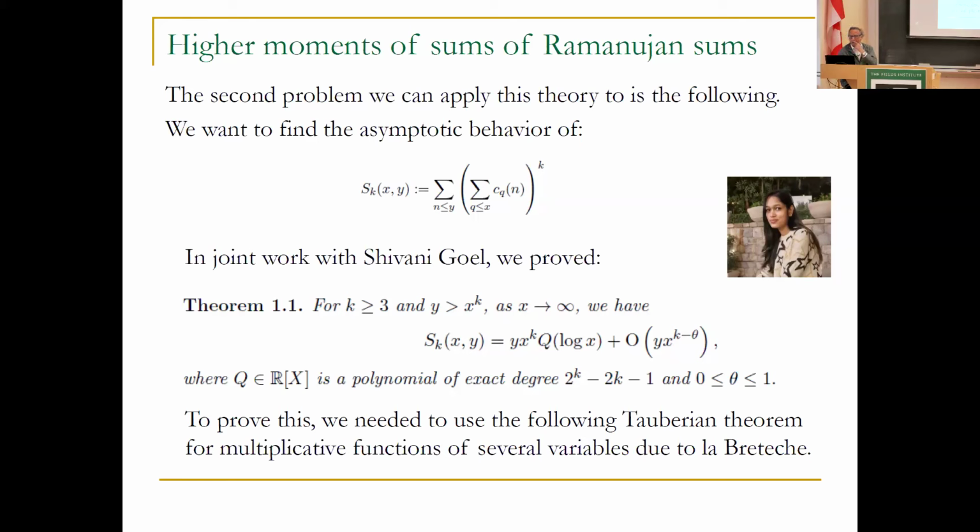The reason this theorem is important is because there was a paper by Robles and Roy in which they tried to analyze these higher moments, and it turns out that there's a serious mistake. The log term is completely missing, and in fact, there was a gaping hole. How did I get into this? Shivani first pointed out that she couldn't understand a theorem in this paper, and she kept bugging me about how to prove it.